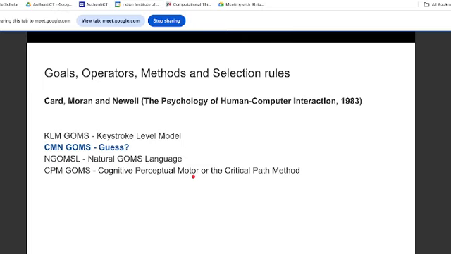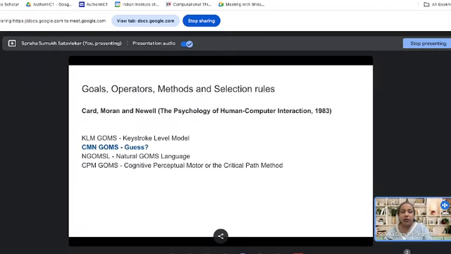Either you can say cognitive, that is mental things, perceptual, that is what you perceive, and motor, that is what you perform actions with, movement related. So cognitive perceptual motor, or the critical path method, which is also the CPM acronym. Some of the questions in the assignment are about this.